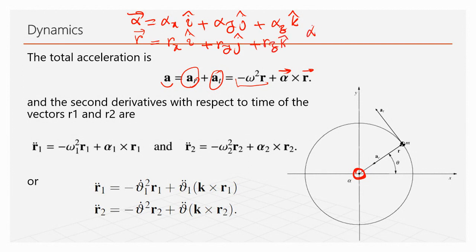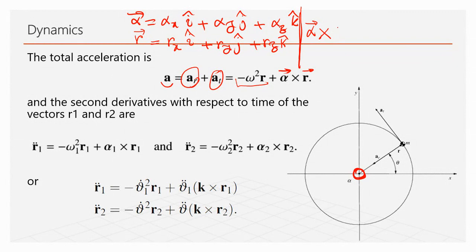I have alpha times r, a cross vector multiplication. For vectors, we have several types of multiplication. Scalar multiplication means you have your vector and a scalar number multiplied by all components. We have dot multiplication and we have cross multiplication. Cross multiplication is the more complicated one.